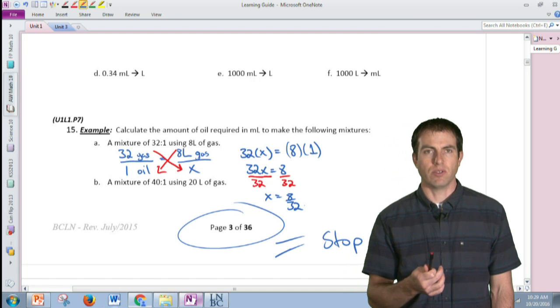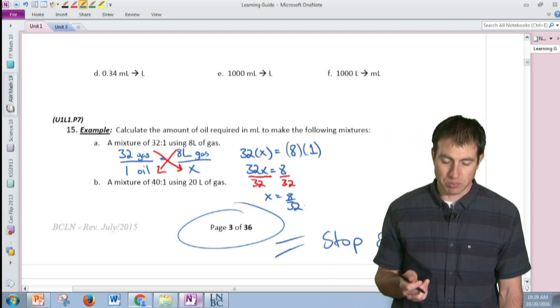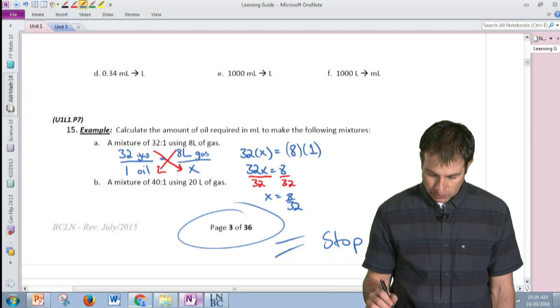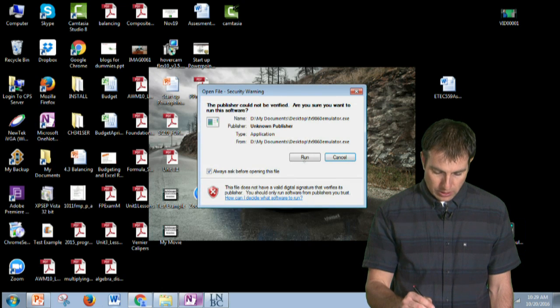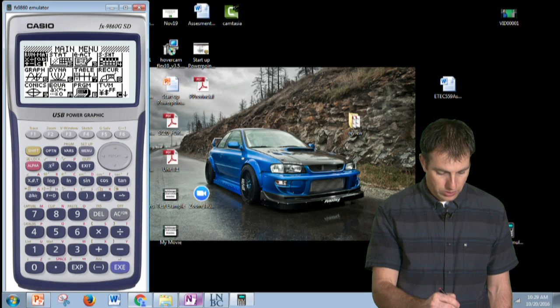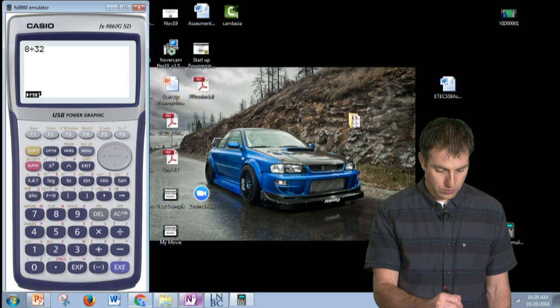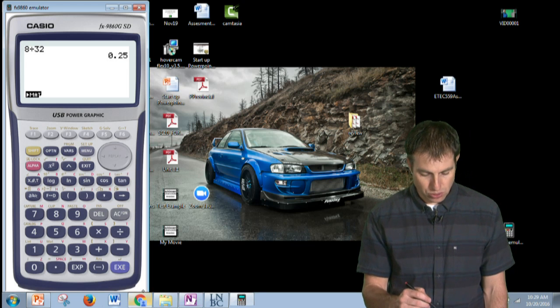You've lost your mind. 8 over 32, what does that even mean? So we need to get it in a decimal. We jump over to our calculator. Press menu. Okay, I'm going to go 8 divided by 32, and I get 0.25.